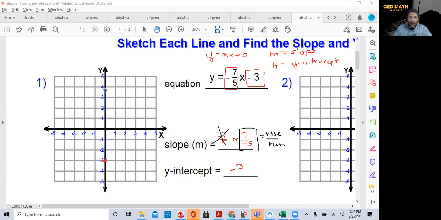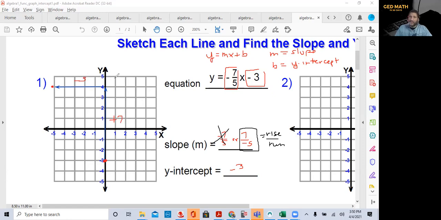That's our rise. Our run is -5, so we have to go to the left. 1, 2, 3, 4, 5. So our second point is right here. So we went +7 and -5.